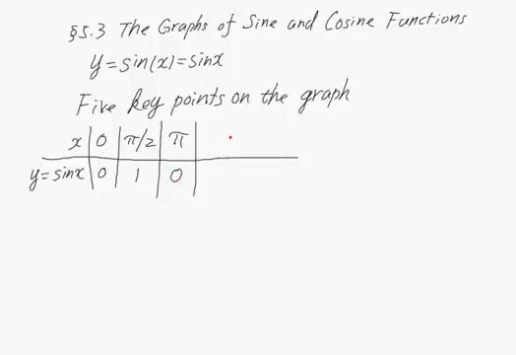Then 3 pi over 2: 1 or negative 1? Negative 1, right? It's below the x-axis. So this is equal to negative 1. And then 2 pi. So 0 again.